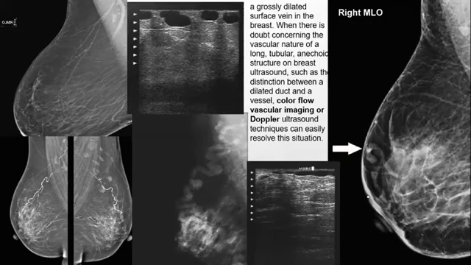Like superior vena cava obstruction can also result in enlargement of the breast vein as part of the chest wall venous collaterals, and also due to central engorgement or chest pathology.